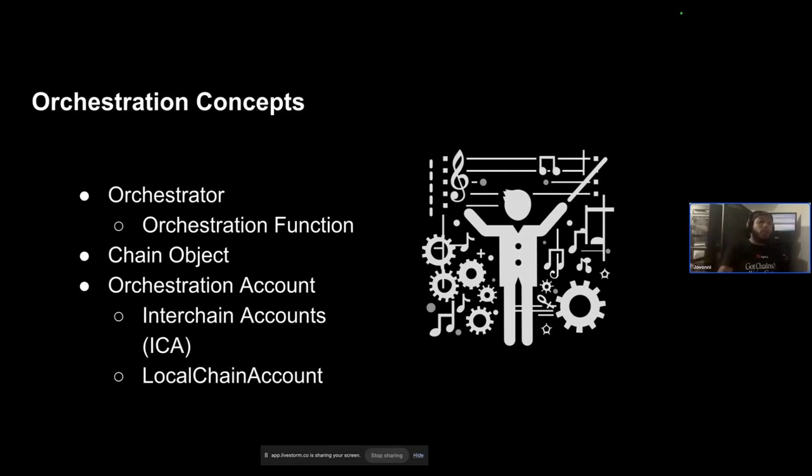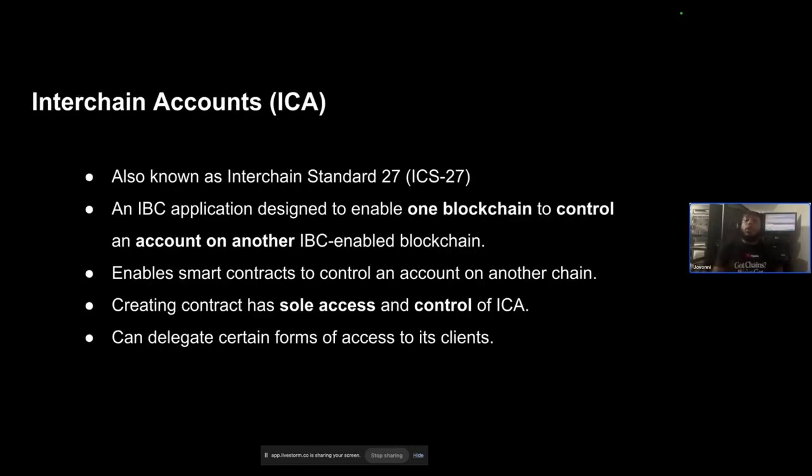And the remote accounts are interchain accounts for now. For those of you who don't know, it's a super nice rabbit hole if you're interested. Look up ICS 27. But TLDR, just think of this as a way to allow one blockchain to control another blockchain using IBC. It's a really nice rabbit hole.